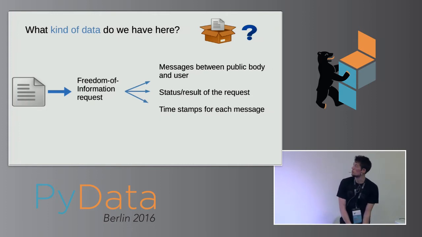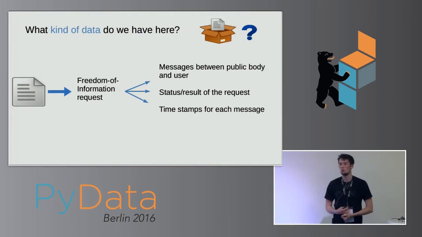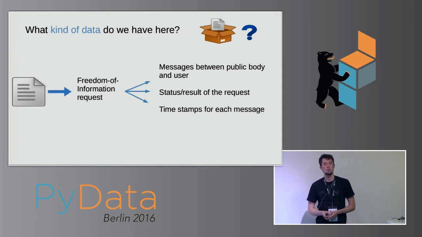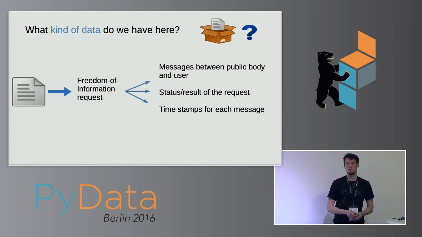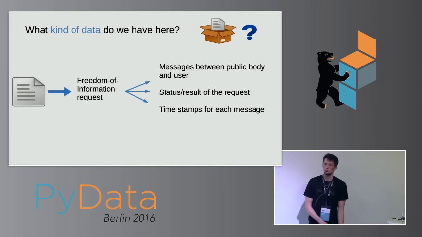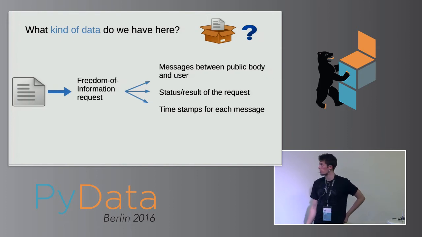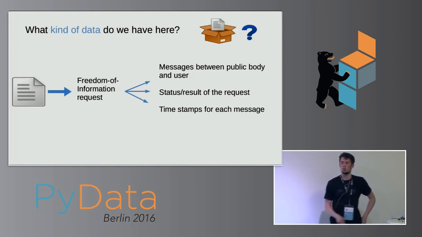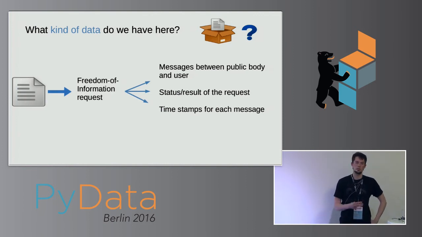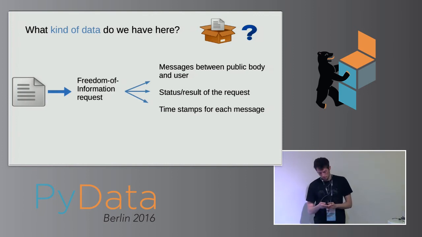Other information is, of course, which public body the request was sent to, and what is the current status of this request, or if it was already completed, what was the result, was it successful, or was the information out there, or other outcomes. And also for all the messages we have the timestamps, so we can look, for example, at response times of the public bodies.